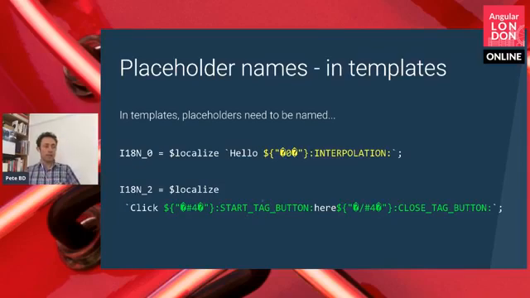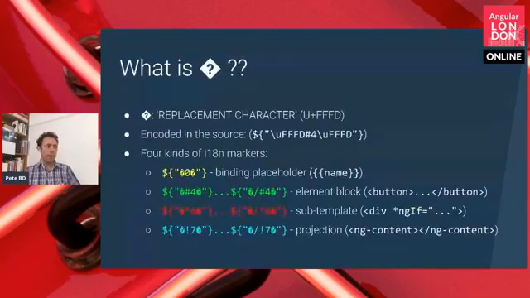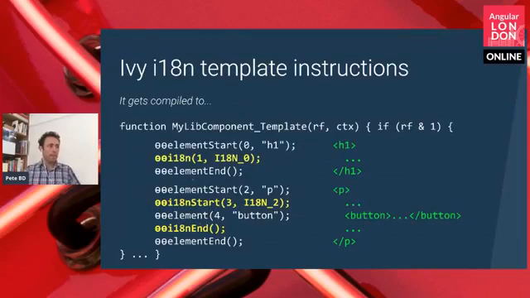You can imagine that the Ivy renderer will be able to look at the name and say, start tag button, so I know that I need to insert the button start tag at this point. You'll also notice that these have numbers. The 0 and the 4 represent numbers that appear in, for instance, the 4 here is the 4 for the button element. So it tells you exactly which button is going to be rendered at that point.